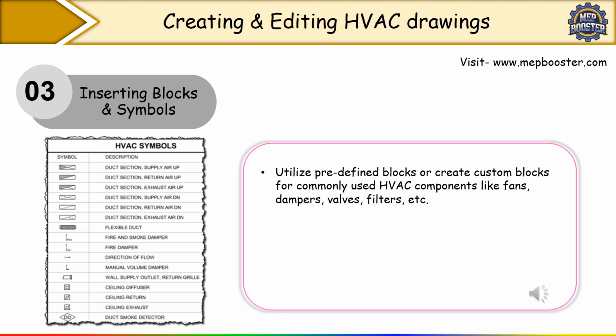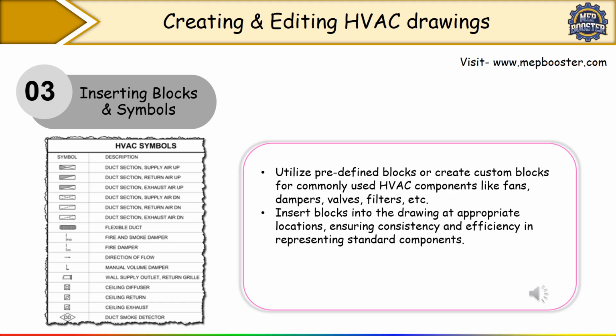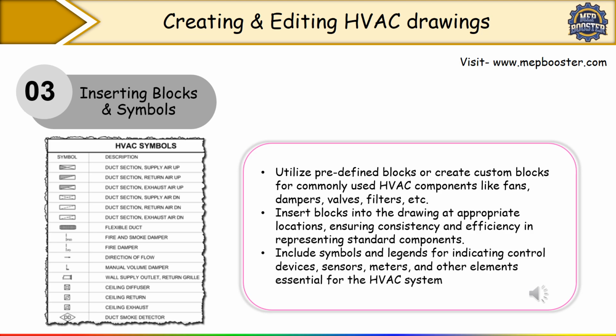Okay, so from there also you will get some block. Insert block into the drawing at appropriate location, ensuring consistency and efficiency in representing a standard component. Include symbol and legend for indicating control devices, sensor, meter and other element essential for the HVAC system.